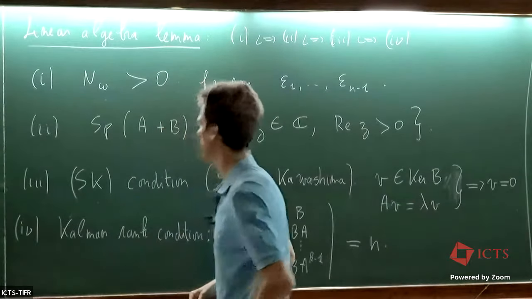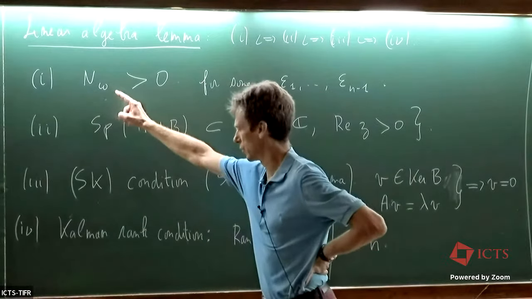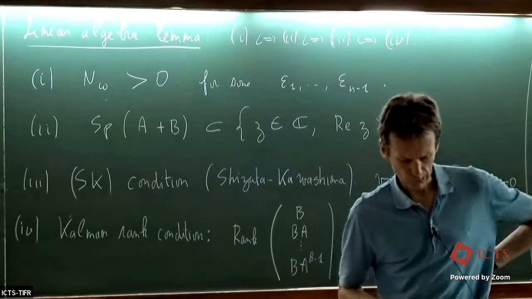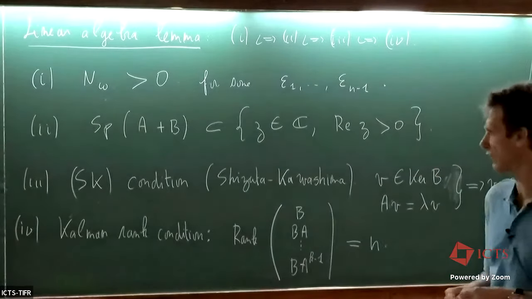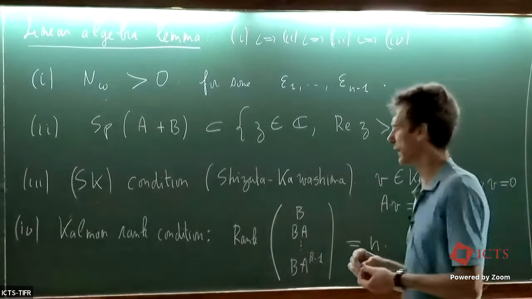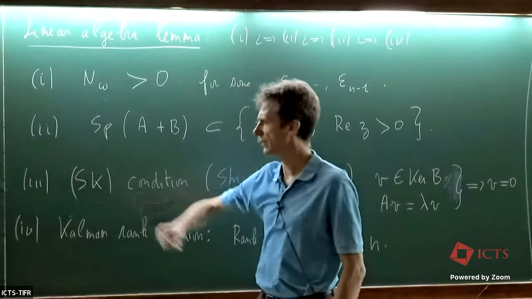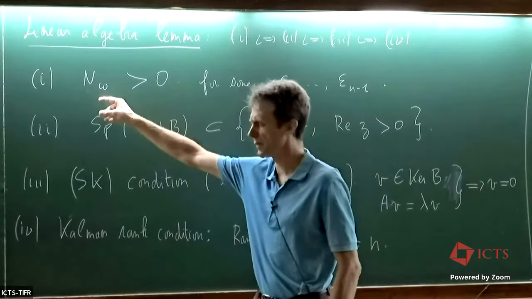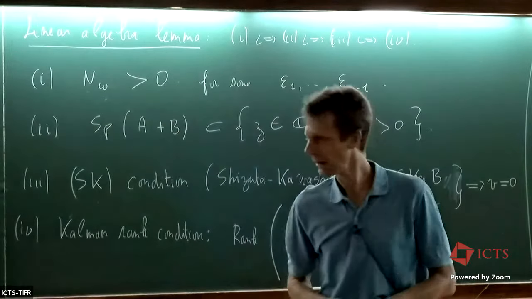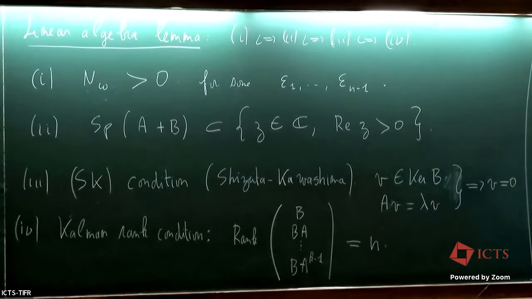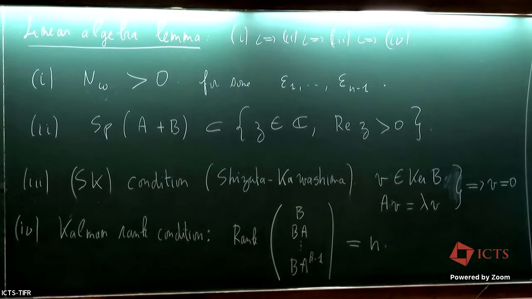If one of the four conditions is true for all omega, then since omega belongs to the sphere, by compactness you will have a parameter such that the infimum is strictly positive. So let me call n star equal the minimum of all n omega.